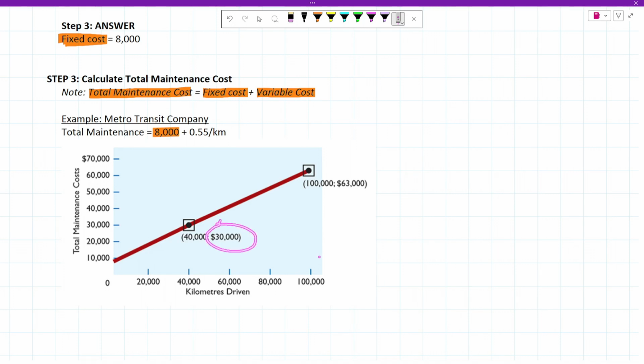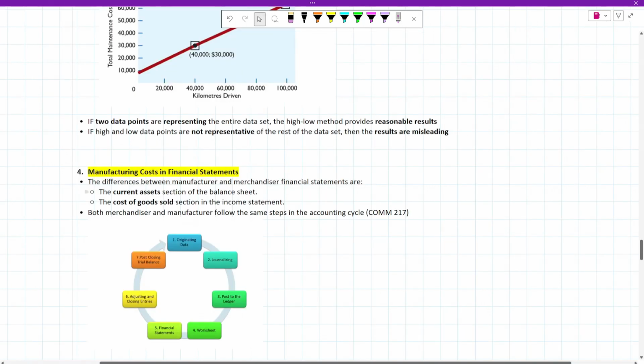And that's going to be this exact same thing if we plug in 100 kilometers, 80,000, 60,000, or 20,000, or anything in between. So this is the right answer. So if two data points are representing the entire data set, the high-low method provides reasonable results. If the high and low data points are not representative, put that in pink, of the rest of the data set, then the results are misleading.